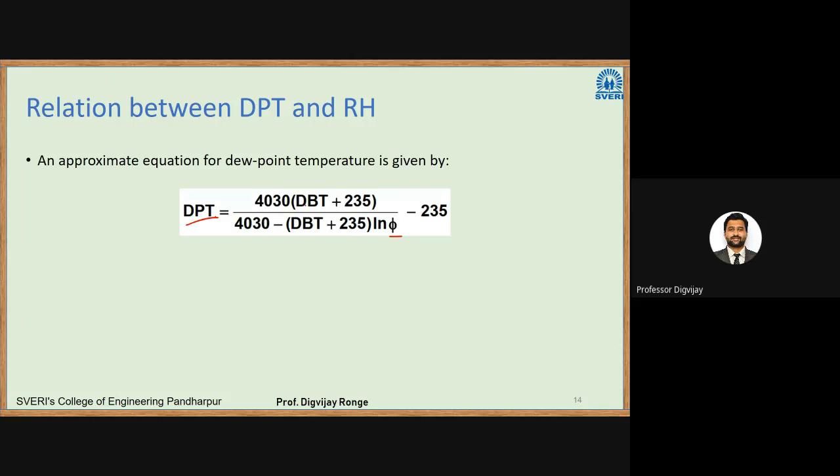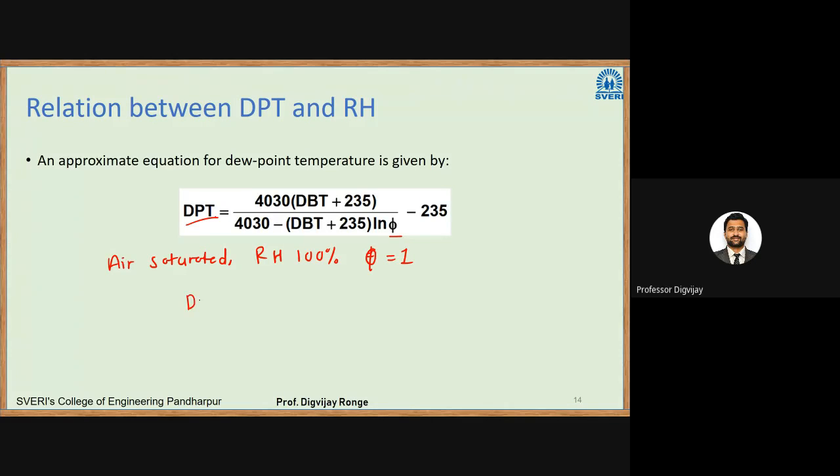What you can interpret from this is, if you take RH as 1, suppose air is saturated. Air is saturated means RH of 100%, or we can take RH equal to phi equal to 1. If I put phi equal to 1 in this equation, what will happen?